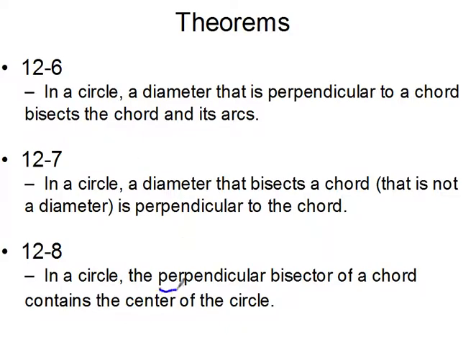So the perpendicular bisector here would have to be a diameter. Okay, so all three of these are basically saying the same thing. If you have a diameter and the chord and the diameter are perpendicular, then the chord is bisected.